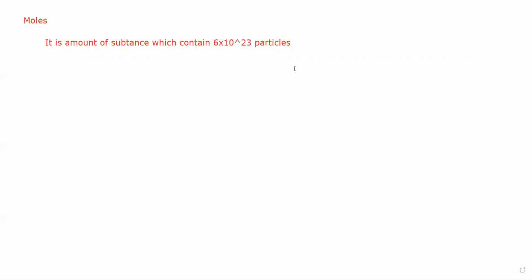But how do we know which amount will have this 6 exponent 23 particles? So a simple definition of the mole, this is a standard definition, but for understanding, the simple definition of the mole is atomic mass or molecular mass expressed in gram.